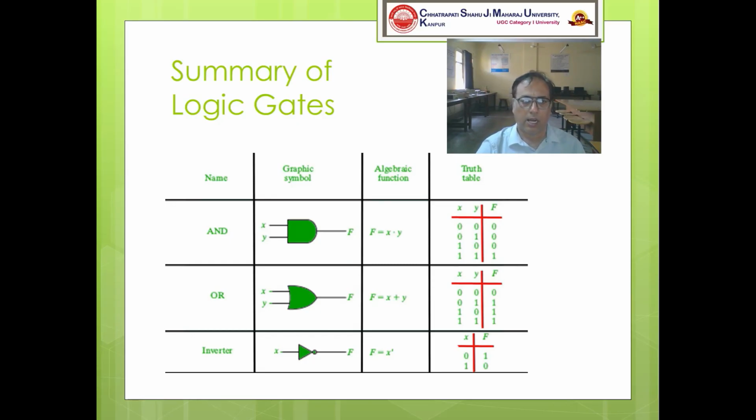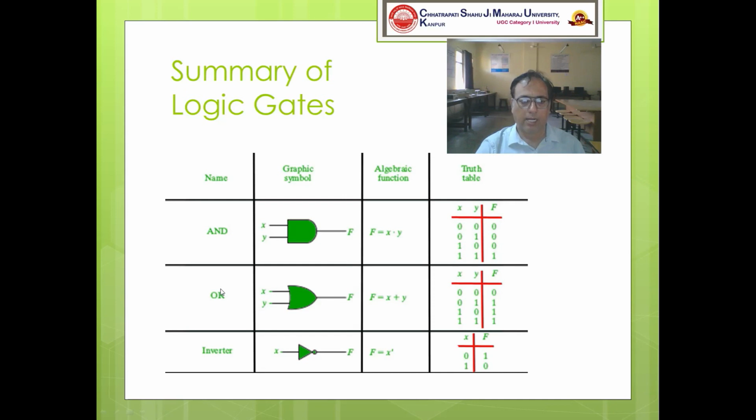Now let us summarize what we have seen in this lecture. I just summarized these logic gates. The first basic logic gate was AND, whose symbol was given by this, and the algebraic function was x dot y. The truth table is given by 0 0 equals 0, 0 1 equals 0, 1 0 equals 0, 1 1 equals 1.